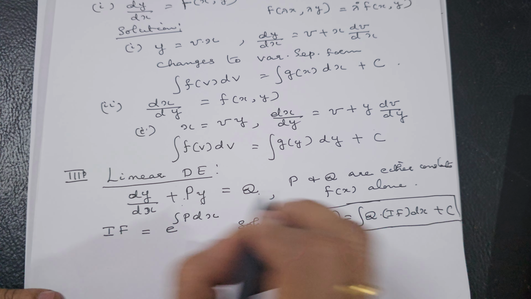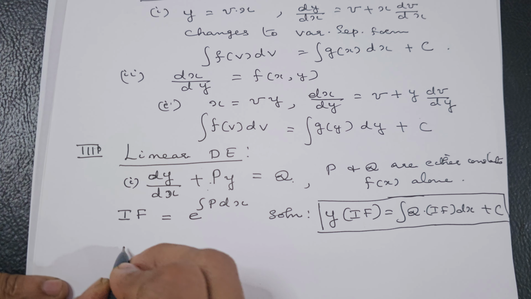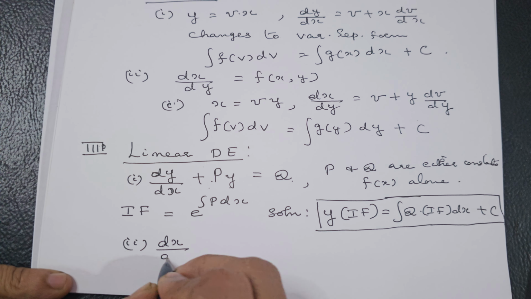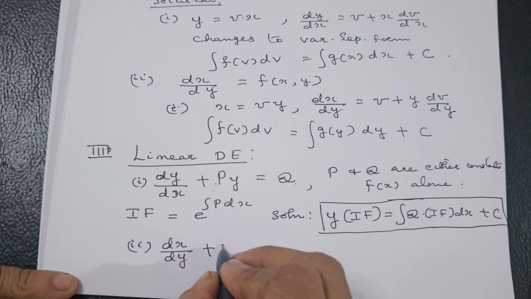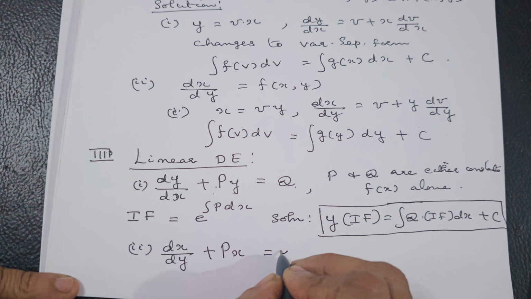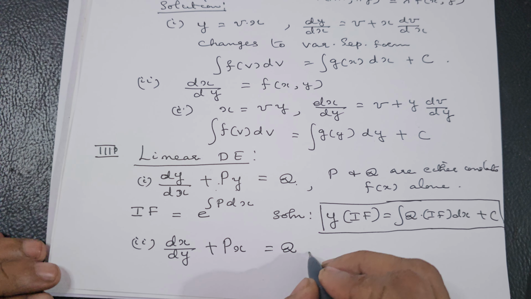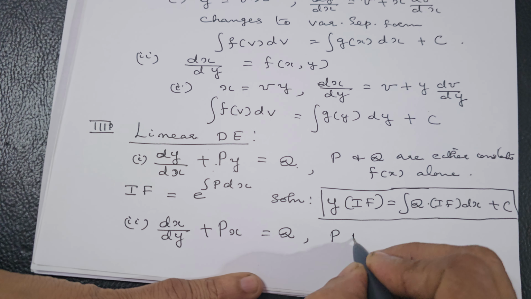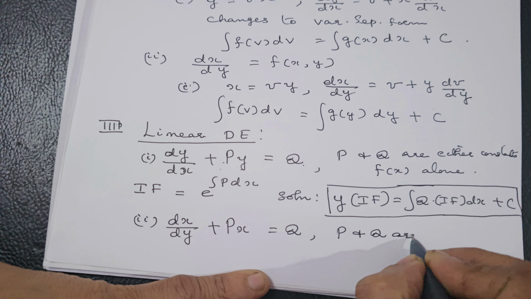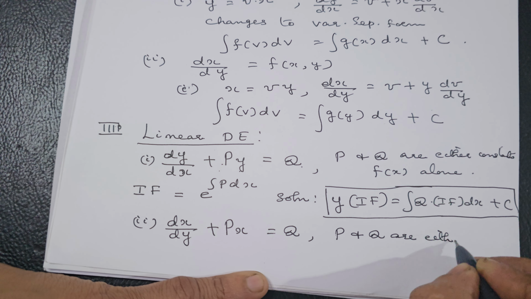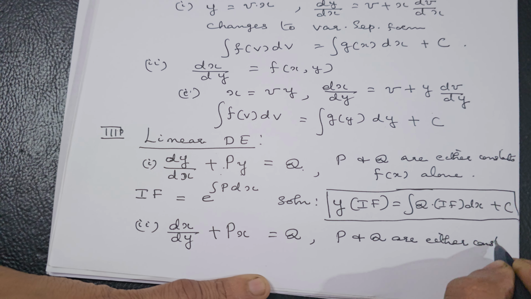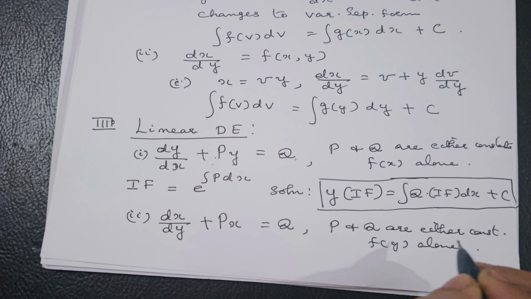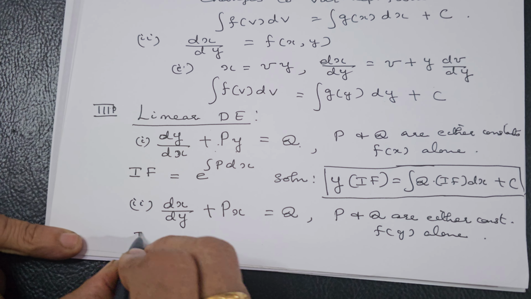Here also we have a second type of linear differential equation, that is, in place of dy by dx we have dx by dy plus p into x is equal to q, where p and q are either constants or functions of y alone. So in that case, what will be the integrating factor?